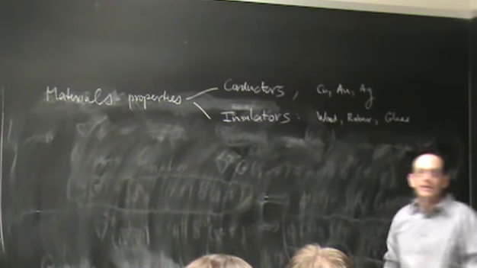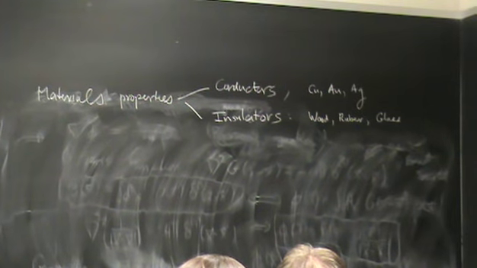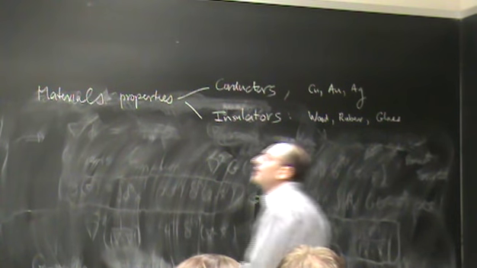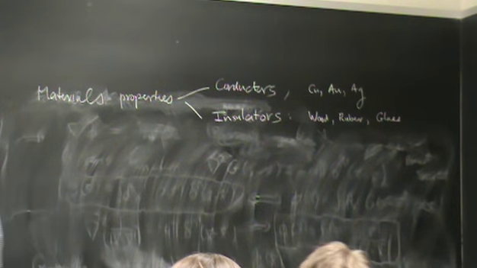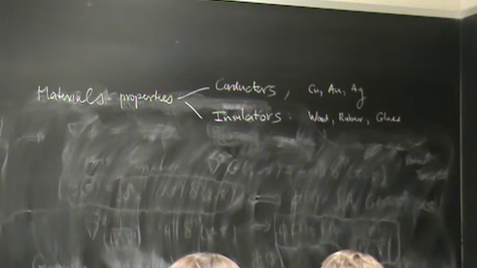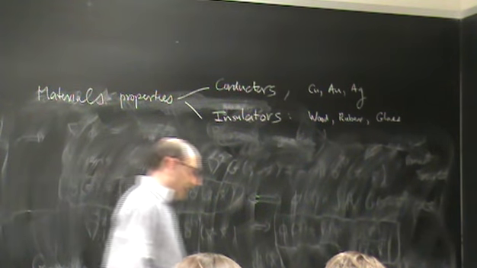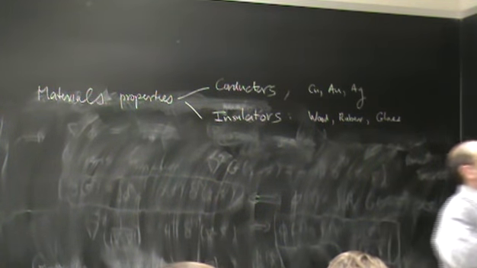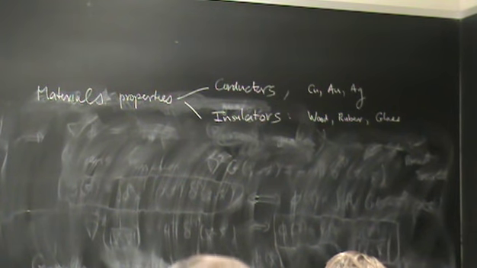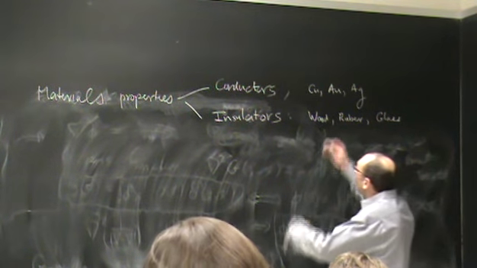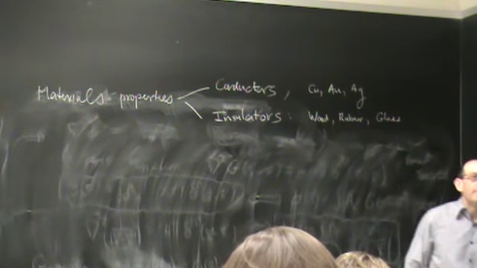It has to do with whether or not the charges inside those materials are mobile and free to move in the presence of external electric fields, or whether they're tightly bound to the nuclei or the cores in the material.